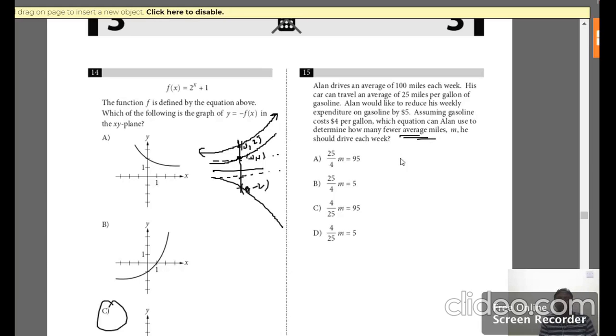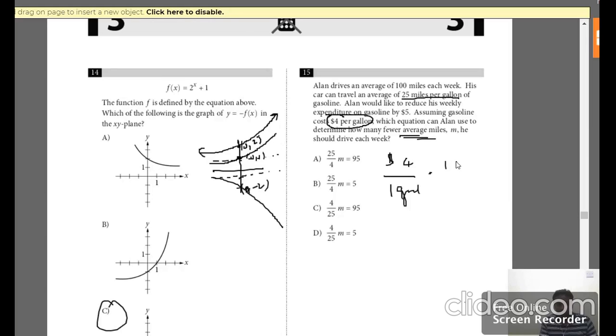So here what you have to do is you just have to represent that. These are all linear expressions which they have written in terms of miles and the cost. So first we need to check what that is. $4 per gallon. So we'll write 1 gallon, times 25 miles per gallon, that is an average.